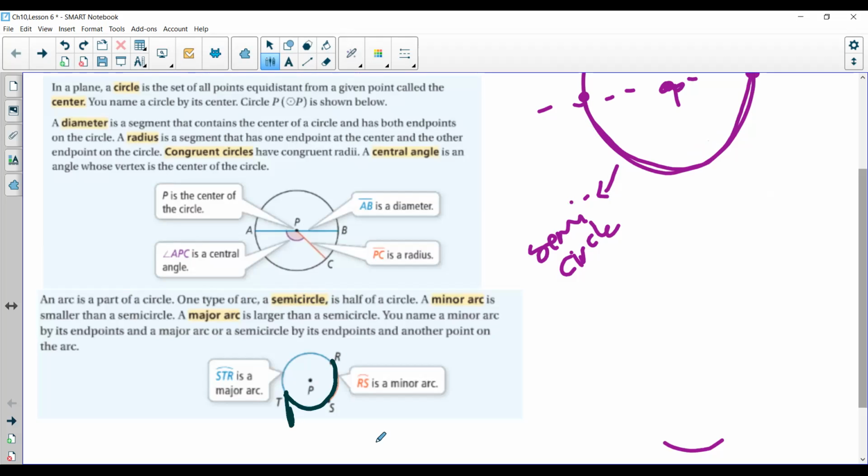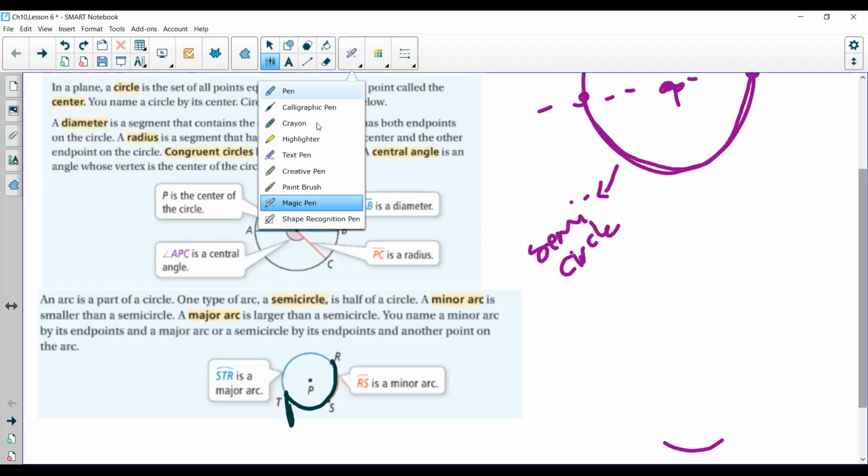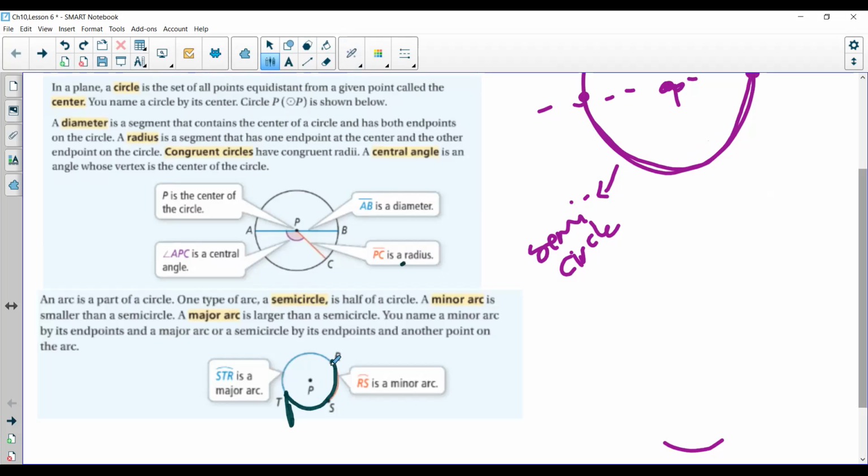A minor arc is smaller than the semicircle. The minor arc is less than the semicircle, which is like RS. This is the minor arc.